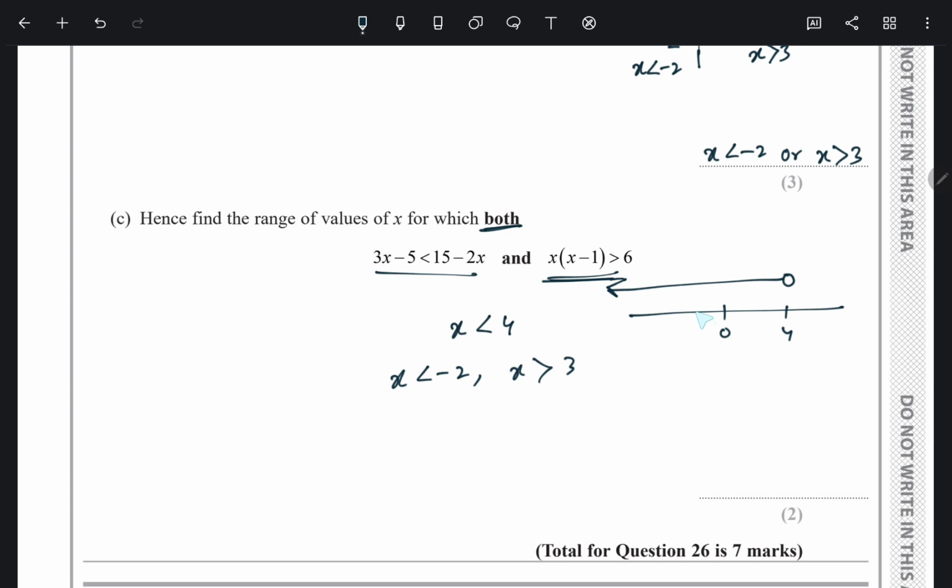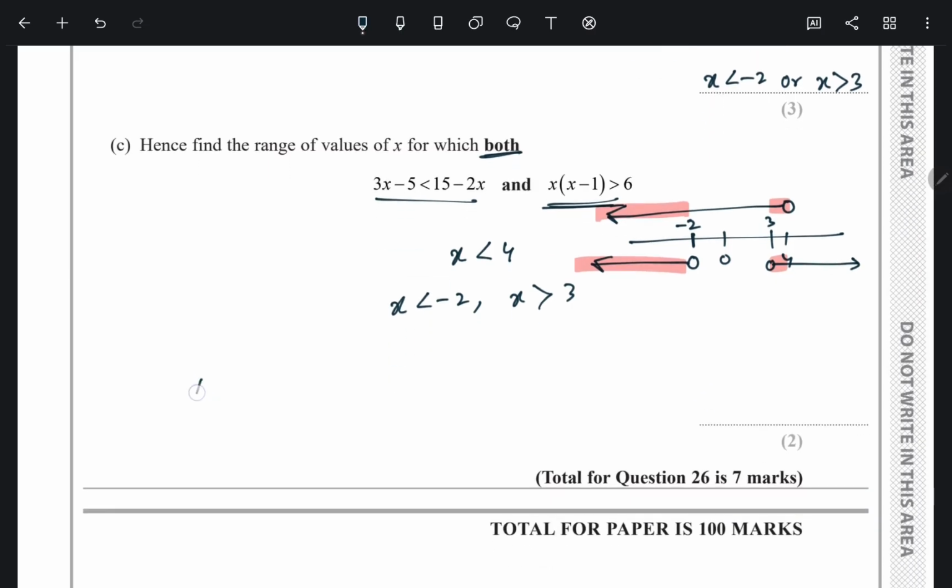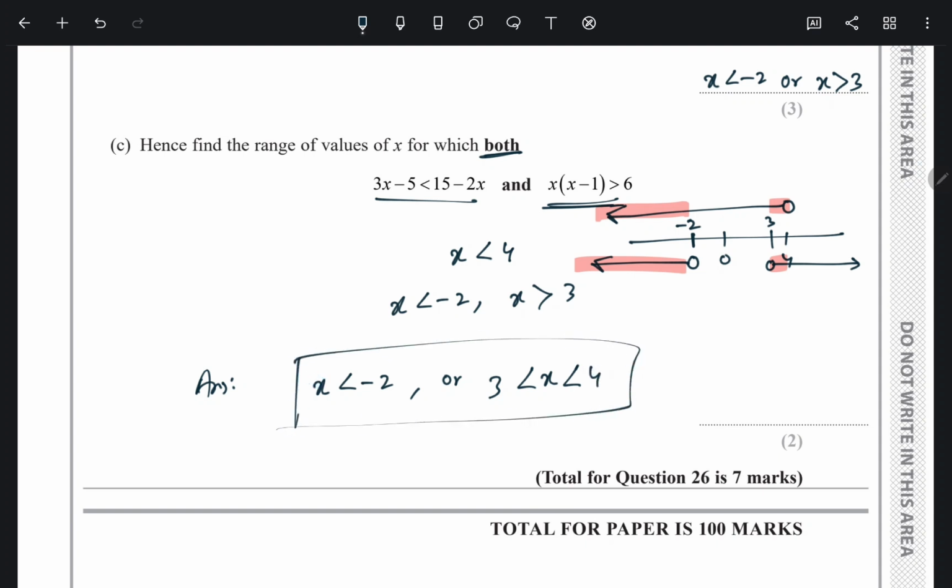And the second inequality is true for, let's say that's minus 2, and that's 3. So we'll take the common parts only. So the common regions are this and this part. Okay, so the range of values of x would be x is less than minus 2, or x is more than 3 but less than 4. That's our answer. And that was the end of paper 1.